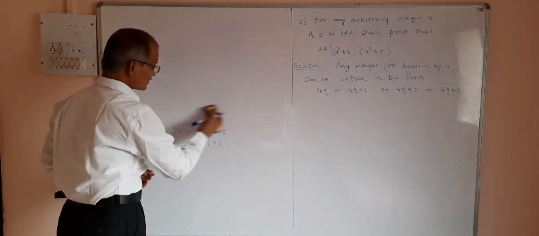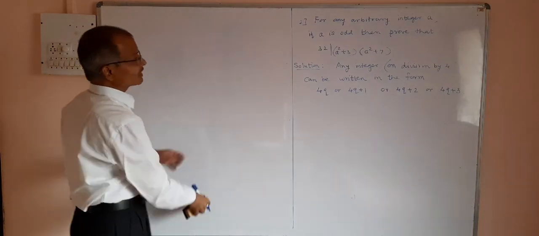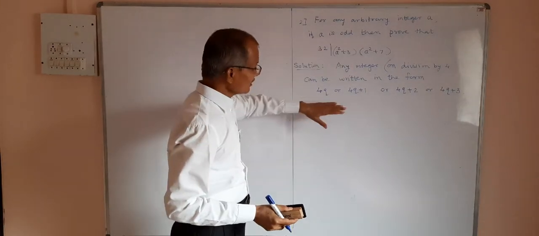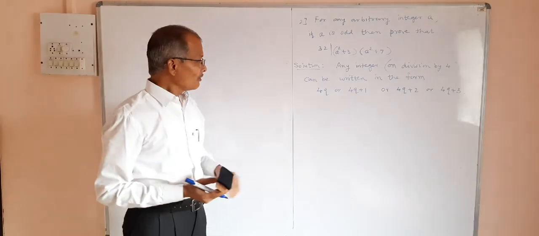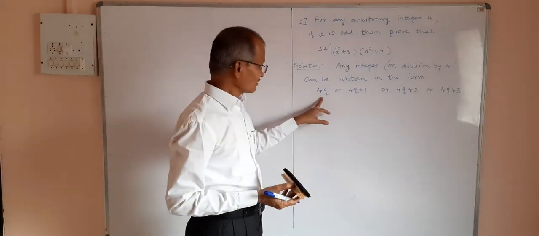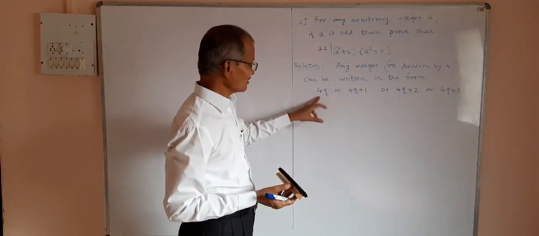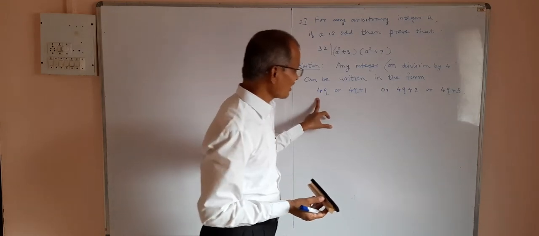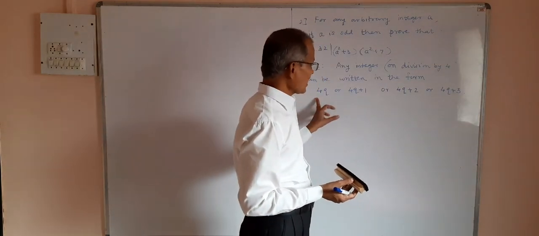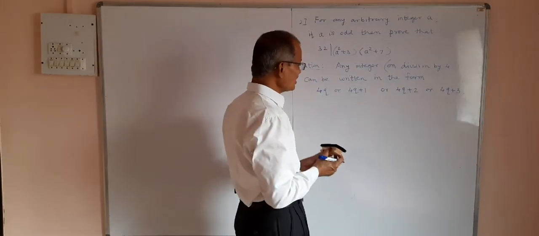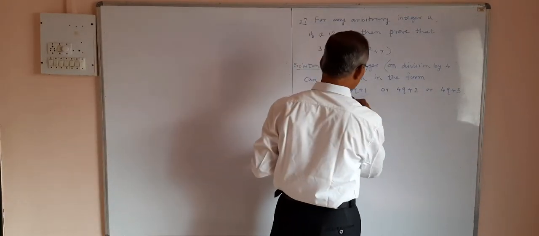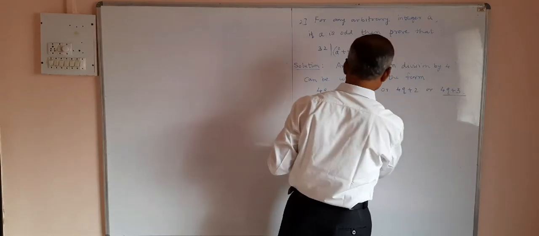And among these, in the problem it is given that A is odd. Now see which of these 4 are odd and which are even. First, 4q is not odd because it is a multiple of 4, hence a multiple of 2. Again 4q plus 2 is even because 2 is common. So only 4q plus 1 and 4q plus 3 are odd.